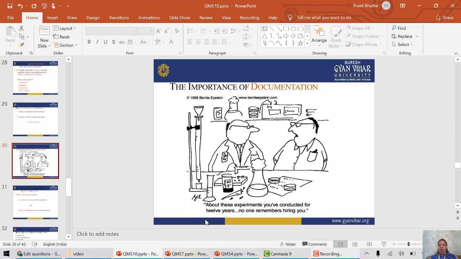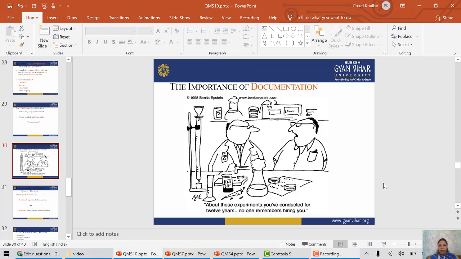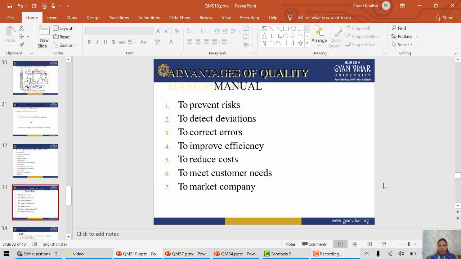So I have quoted a very good picture: about these experiments you have conducted for 12 years, no one will remember hiring you because you don't have documentation. Similarly, the benefits of documentation we have already discussed.